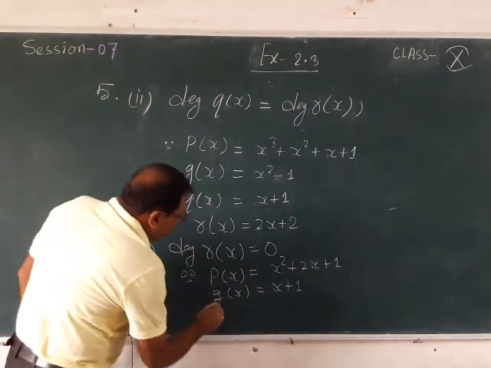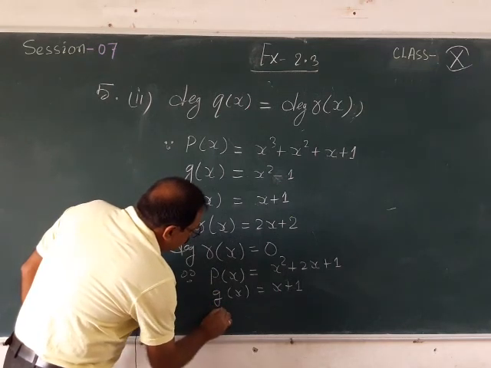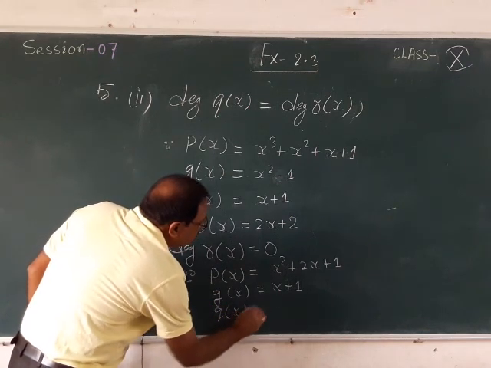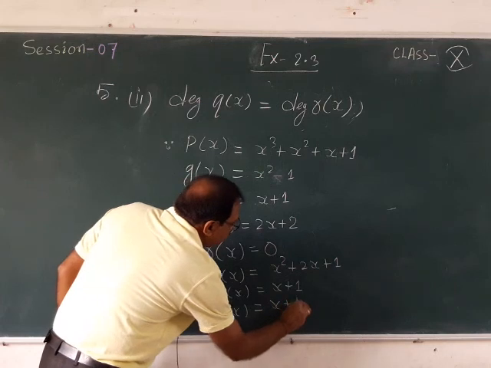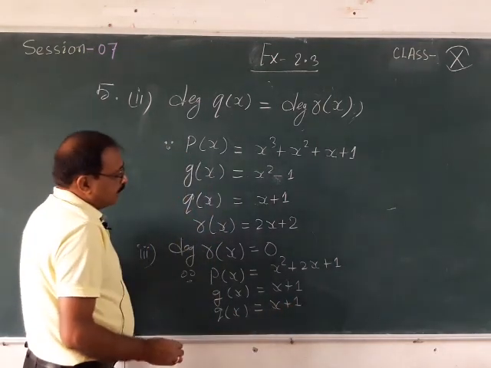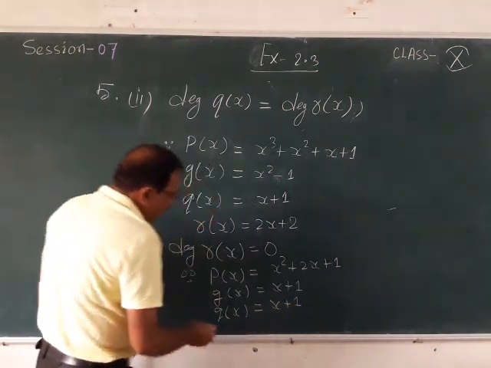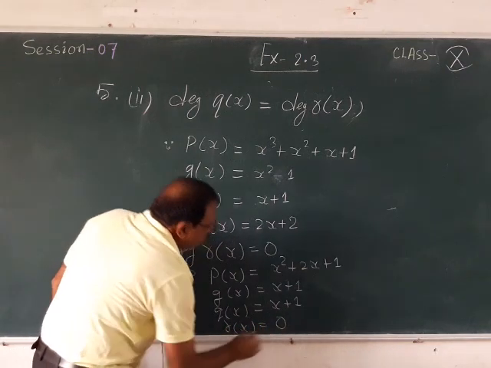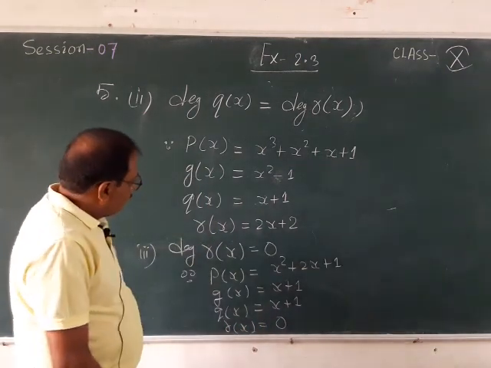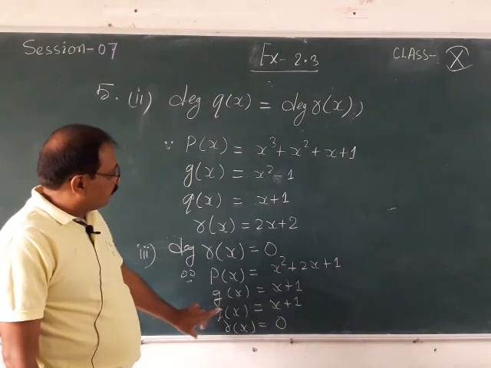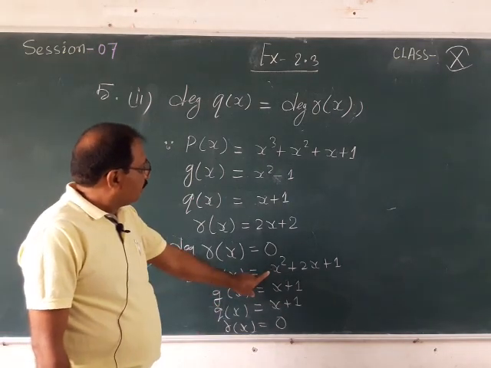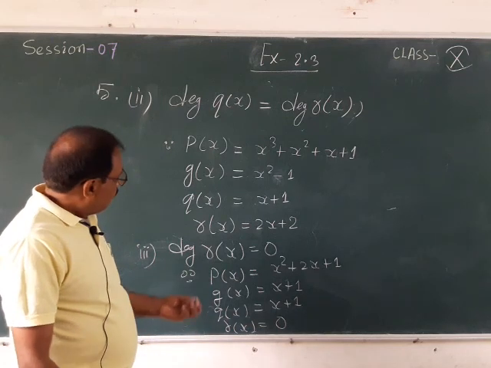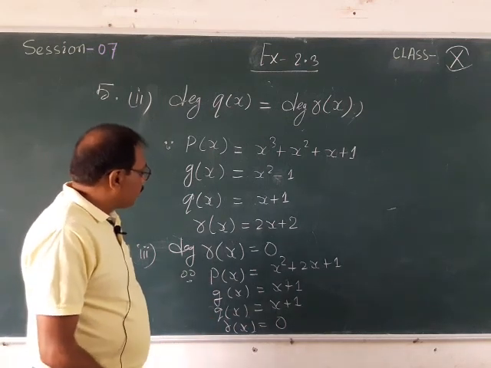Then you know that the quotient Qx will also come as x plus 1, and the remainder Rx is coming 0. So when you multiply Gx by Qx, this will come. You can think of many more examples.